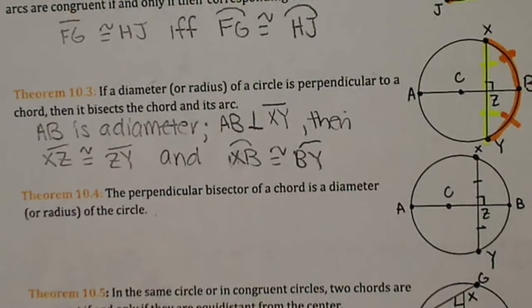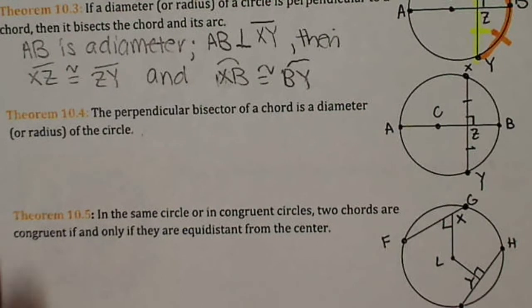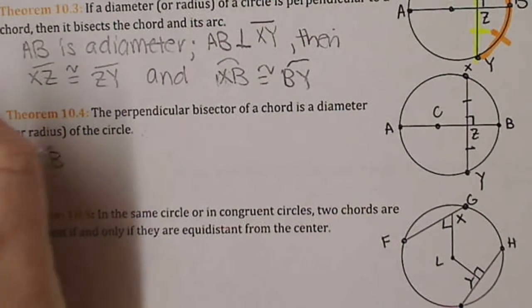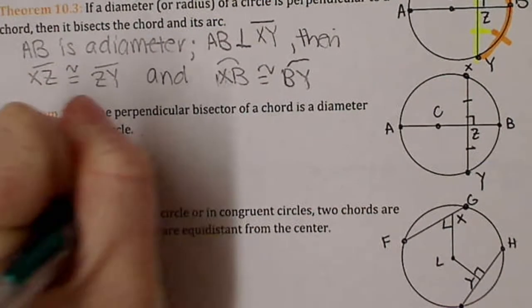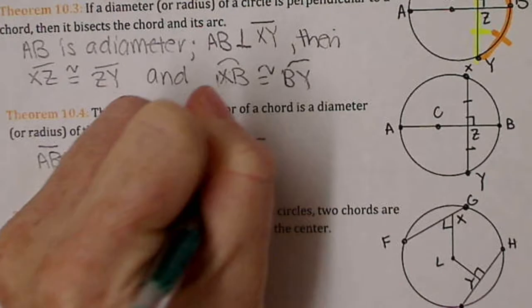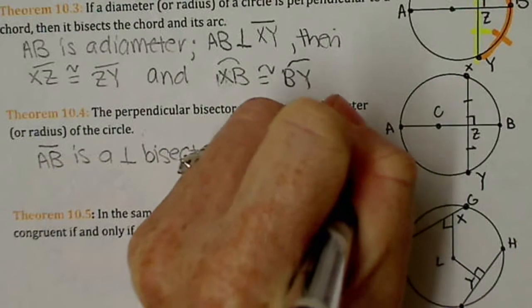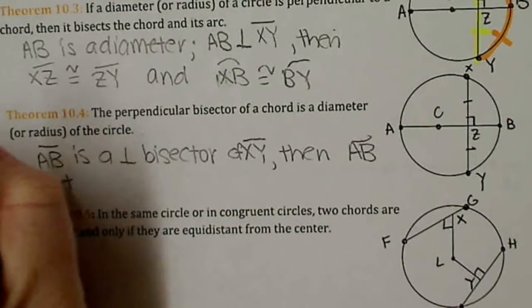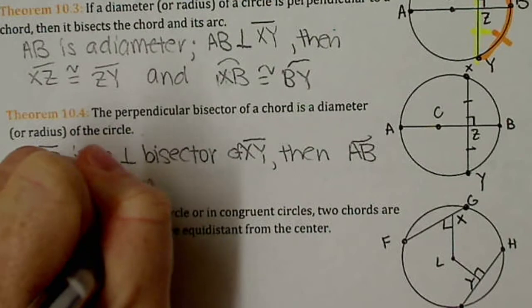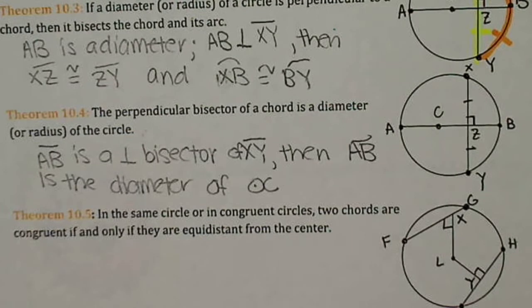Now, sort of similar to that is Theorem 10.4. If the perpendicular bisector of a chord is the diameter of a circle. What this means is if AB is a perpendicular bisector of XY, then AB is the diameter of circle C. So it's kind of proving backwards.